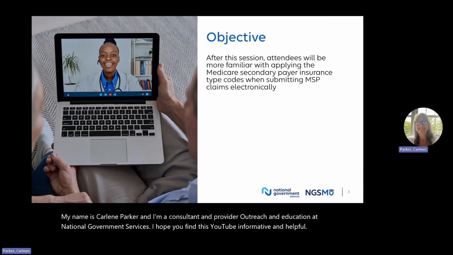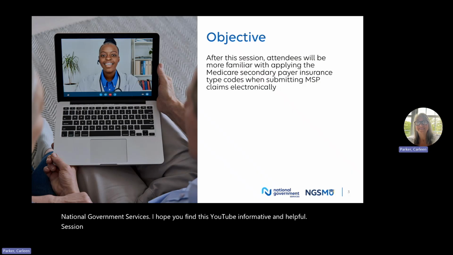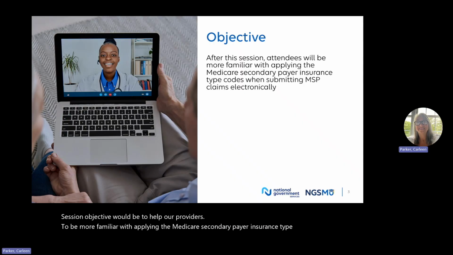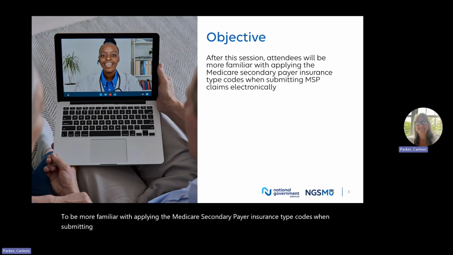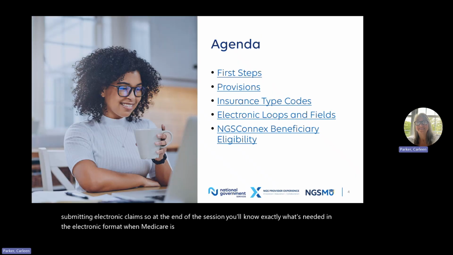Our session objective is to help our providers be more familiar with applying the Medicare secondary payer insurance type codes when submitting electronic claims. So at the end of the session, you'll know exactly what's needed in the electronic format when Medicare is the secondary payer.